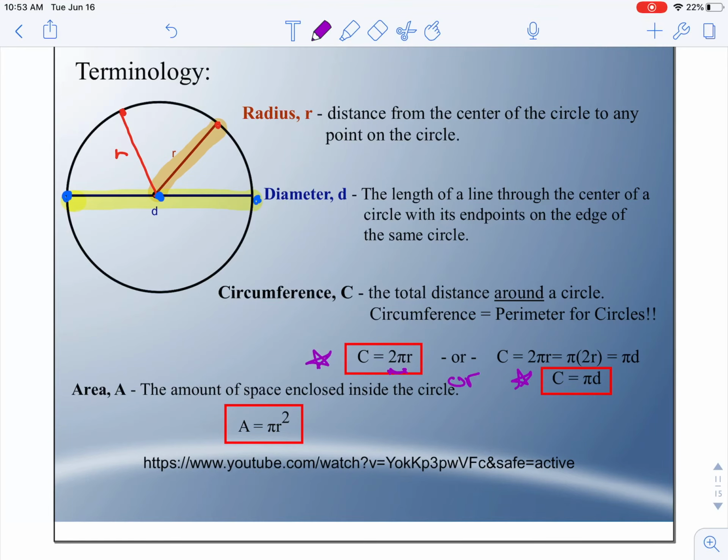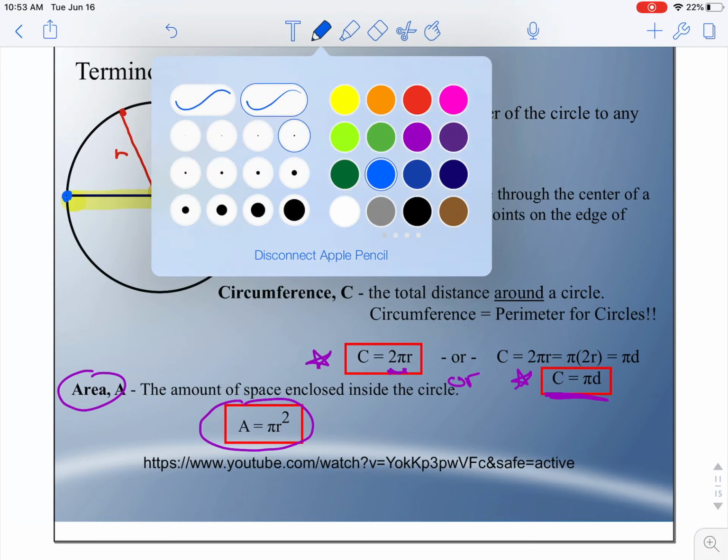Either one is fine. I tend to use whichever one makes more sense in the problem. And then the area is simply pi r squared. Now sometimes people get those mixed up between 2 pi r and pi r squared, and that's why I tend to lean more towards the pi times diameter.